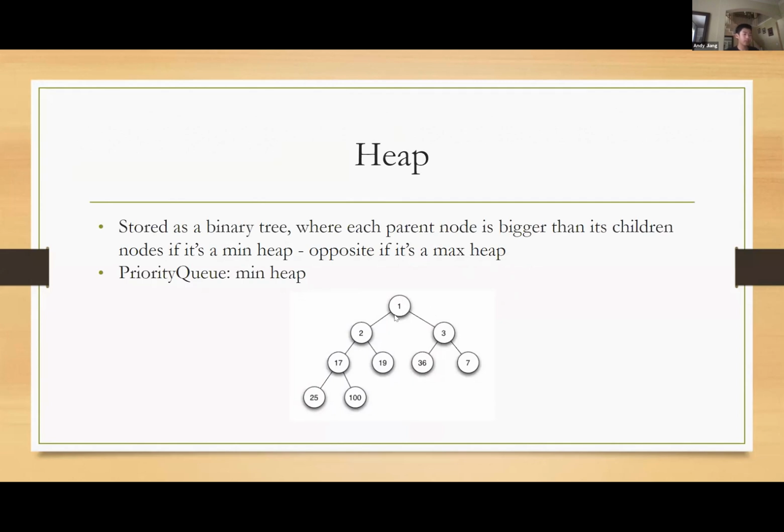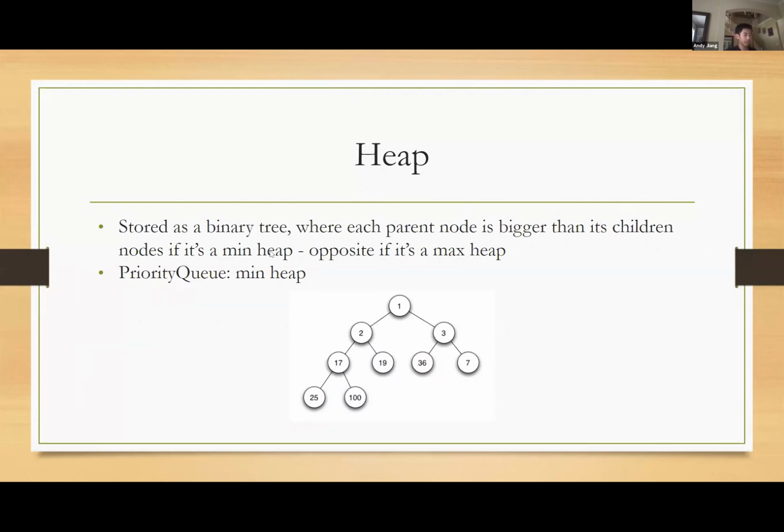So heap, usually for Java at least, is stored as a binary tree. A binary tree is something where you have a parent node or a root node, and the children are the things below it. And in the case of a heap, each of the children of a parent node are bigger than the parent node.